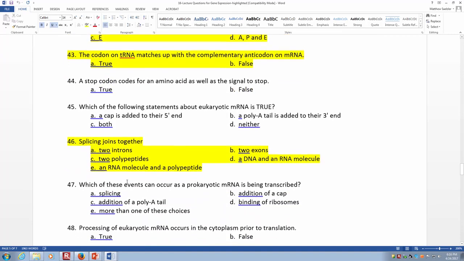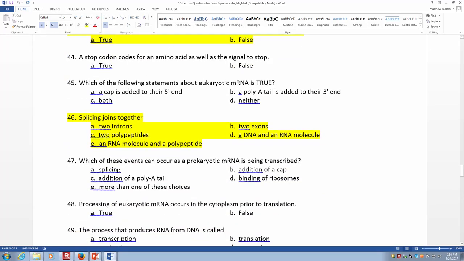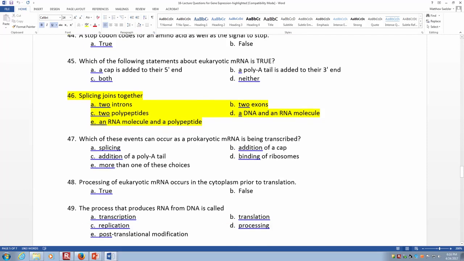Okay, and then 46, splicing joins together what? Right, B, 2 exons. So remember that what you're going to do in the process of splicing is you're going to cut out the introns and you join together the exons.